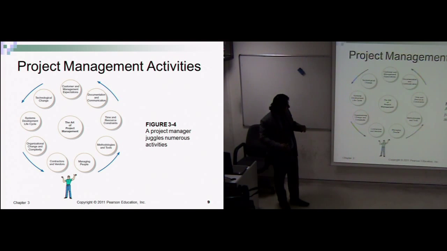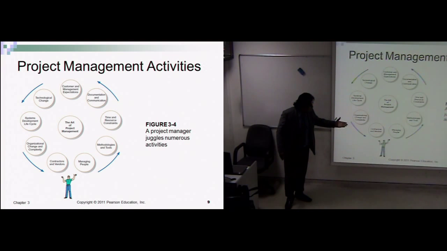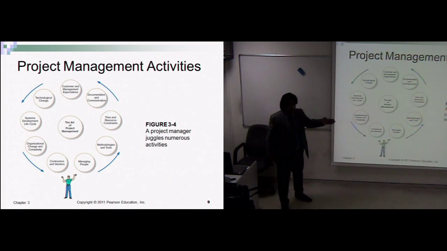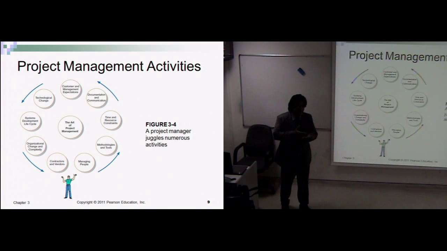The other aspects are contractors and vendors, managing people, methodologies and tools, time and resource constraints, then documentation and communication, customer and management expectations, technological change, and then again we come back to the systems development life cycle.